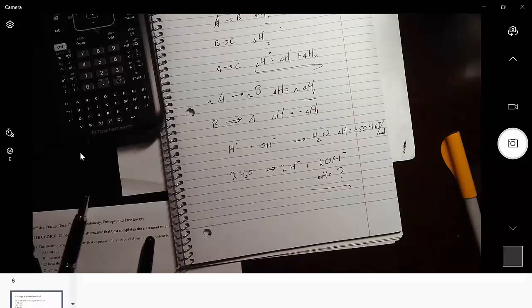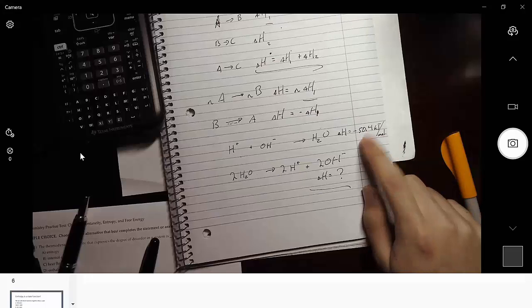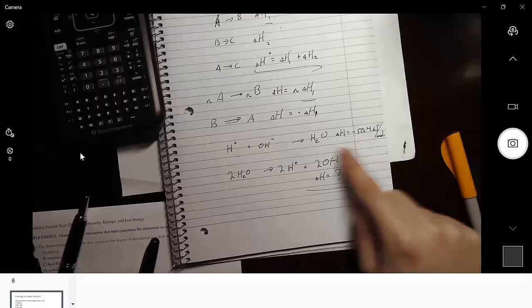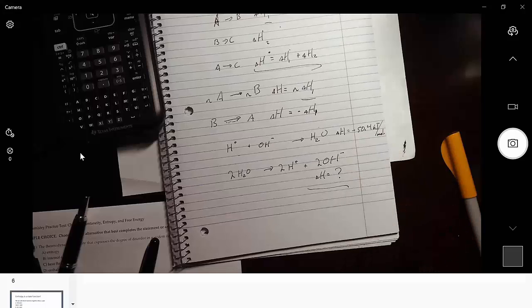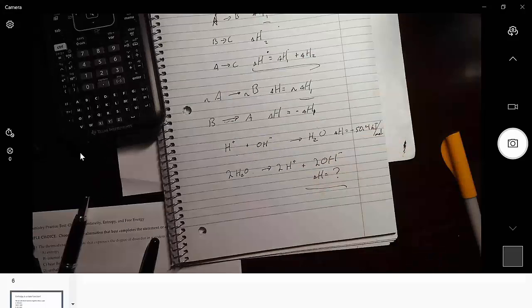So when we apply those transformations to our value of delta H, what's the new delta H? We need to reverse this and then multiply by 2.